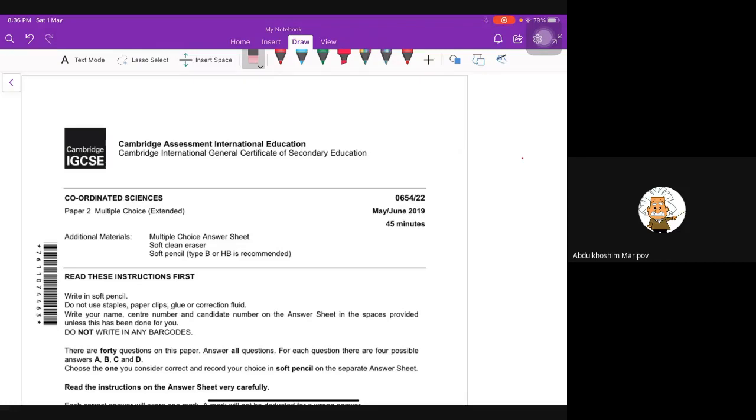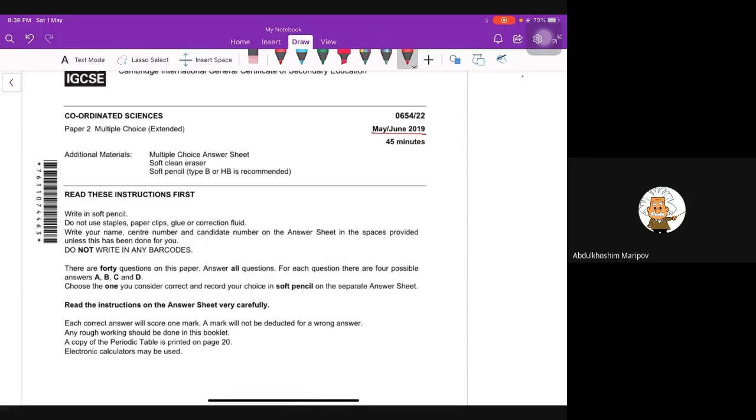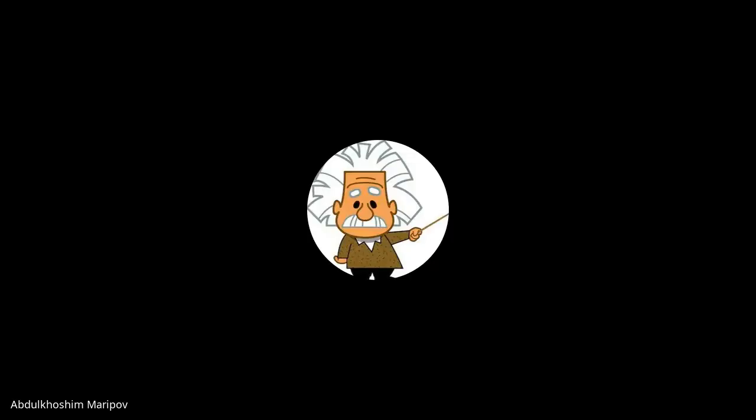So as I said, we will go with 2019, the third tutorial, right? Okay. So the contents are the same. The instructions are the same. Multiple choice. Electronic calculators are allowed. Each correct answer will score one, and a wrong one will not be deducted, right?